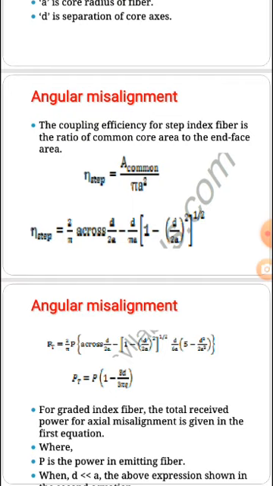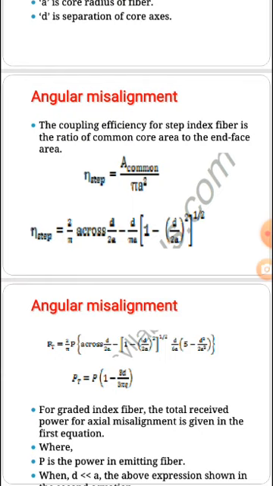But graded index fiber is specially designed and fabricated, and this provides maximum bandwidth. So the data rate is maximum with the graded index fiber. At present in telecommunication, we are using graded index fiber. So we are highlighting graded index fiber, but the graded index fiber is derived from the step index fiber.